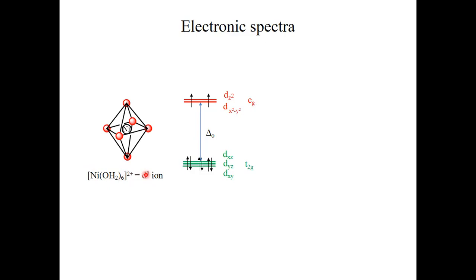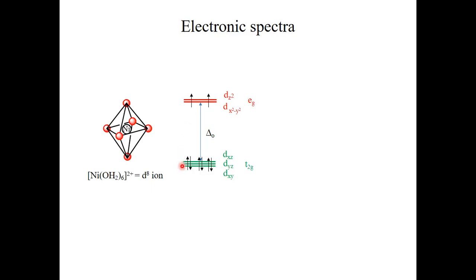So that means, according to ligand field theory, our frontier orbitals would be the t2g orbitals and the eg orbitals in the octahedral ligand field, and we would have delta O in between the t2g and the eg orbitals, and there would be 8 electrons in these orbitals.